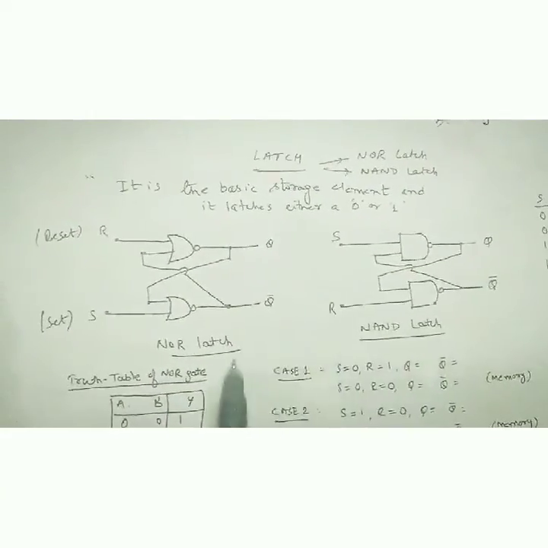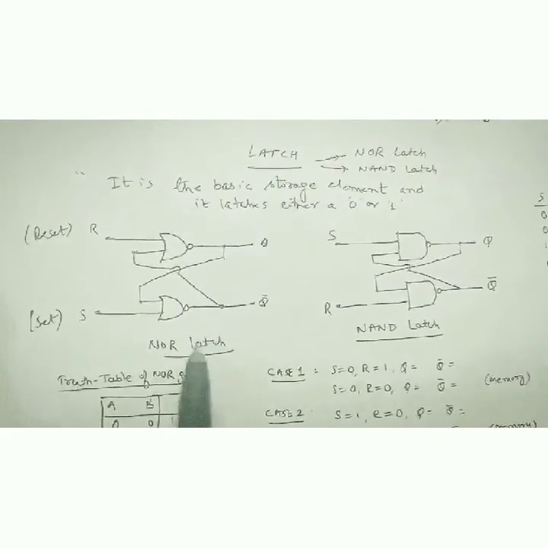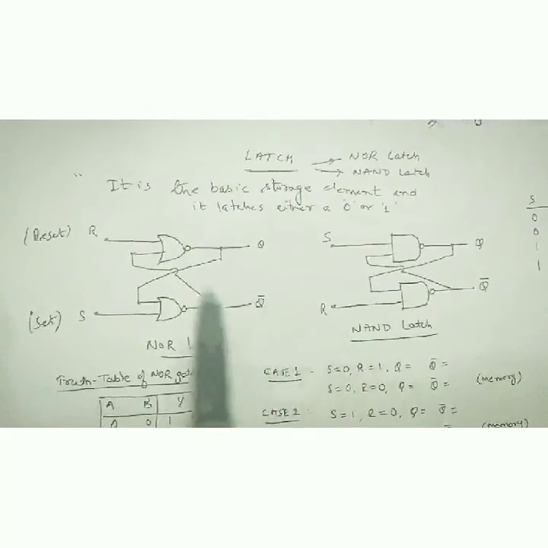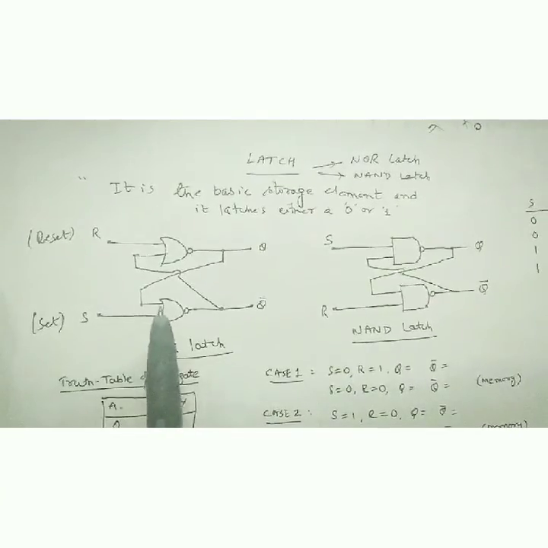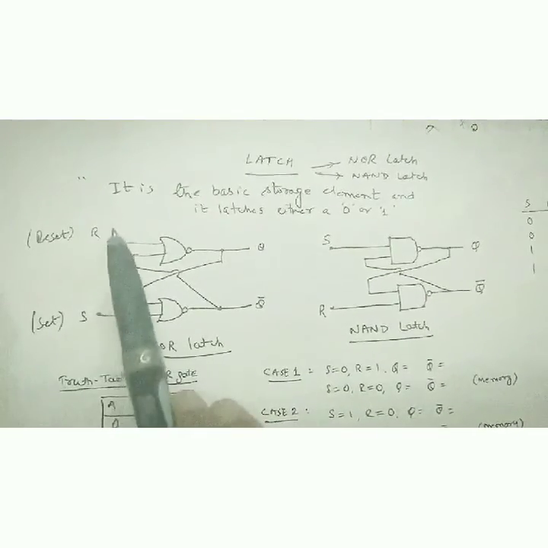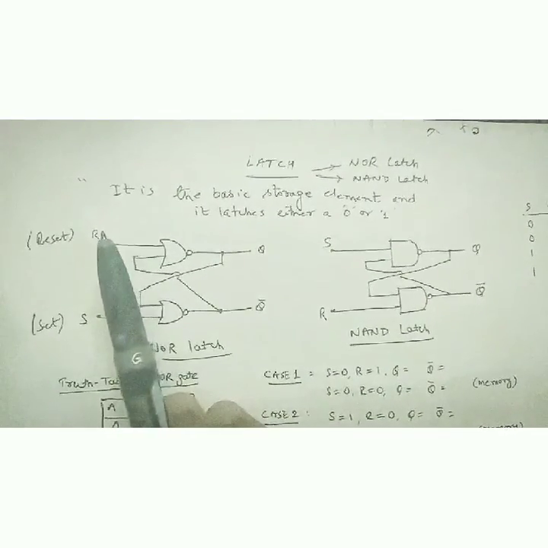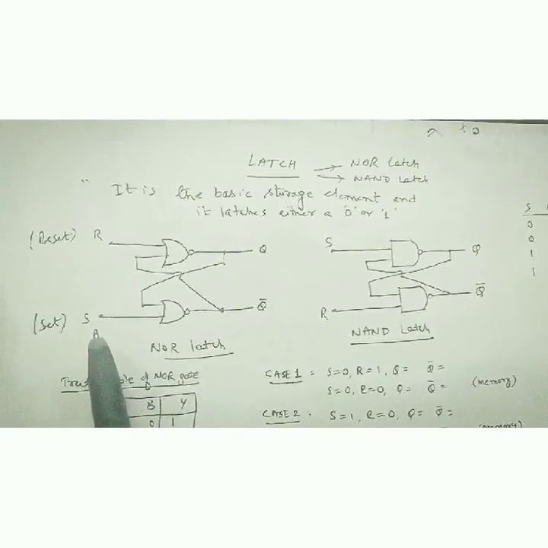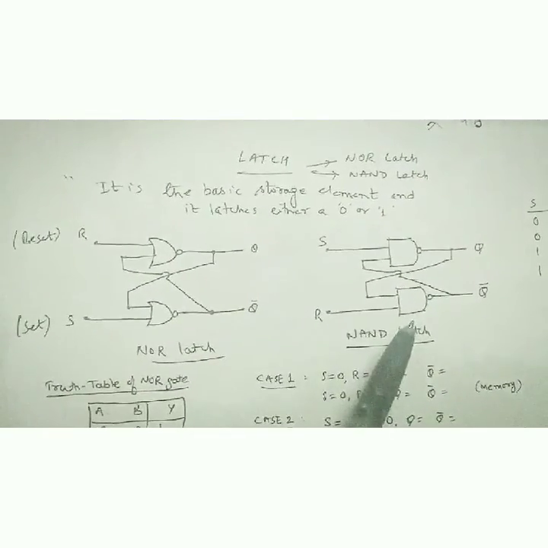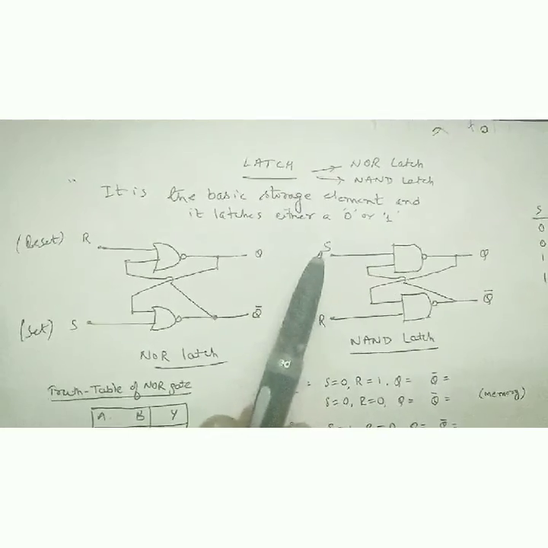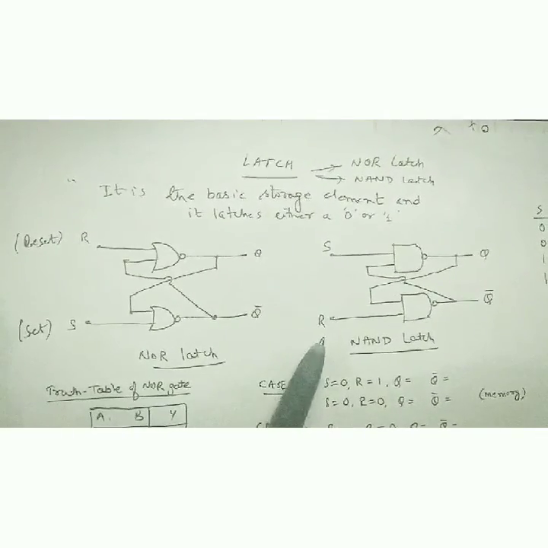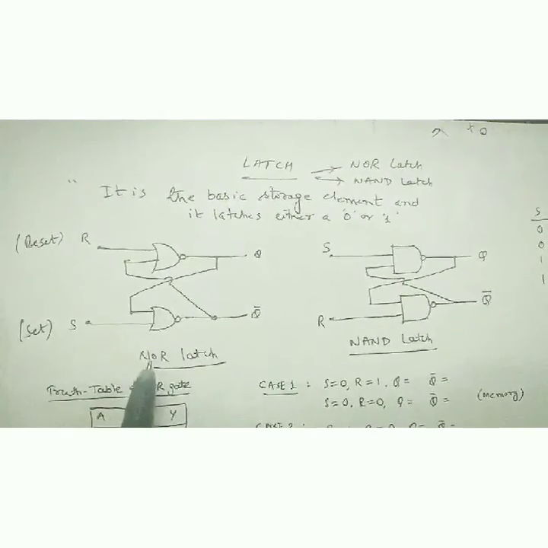But as you can see, we are having NOR latch and NAND latch, and they differ in the way the inputs are connected. In NOR latch we can see the inputs connected as R and S, whereas in NAND latch we have the inputs connected just the reverse of the way they are in NOR latch.